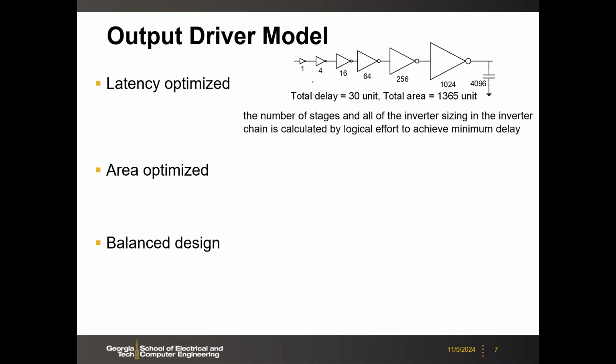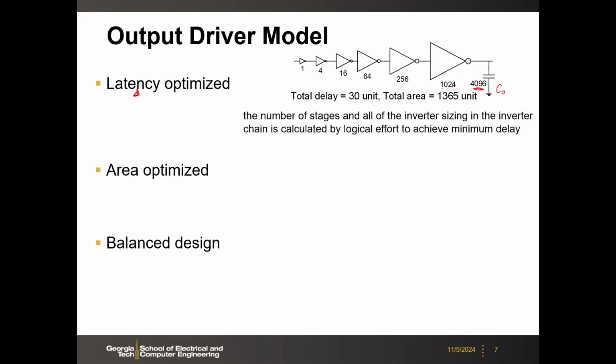In your digital VLSI class, you may have learned logical effort and so on, right? There is an optimal way to design the number of stages and also the size of each stage. If you follow that principle from your VLSI class and optimize for latency, you may split into quite a few stages. For example, here, if you drive a capacitance of 4,000 unit capacitance, then you split into these few stages.